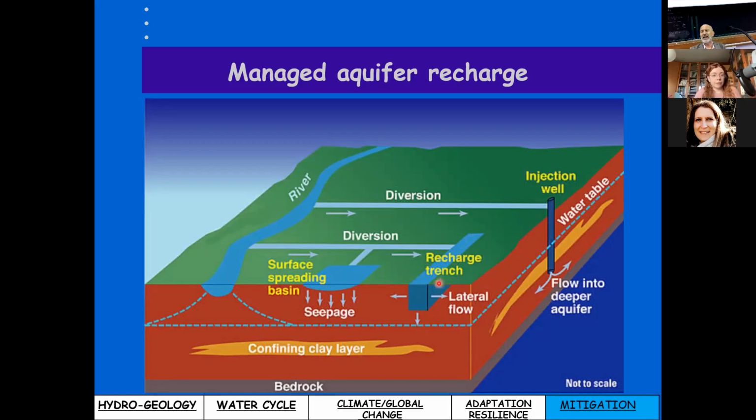Or you can excavate some recharge trench into the ground. And from the recharge trench, the water diverted from the river is subjected to infiltration into the subsoil. And in such a way, you recharge the aquifer during the period where you have an excess of river flow. And so you divert this excess of river flow inside the ground. Often, these diversion basins are also areas where naturally the river water is conveyed during floods.